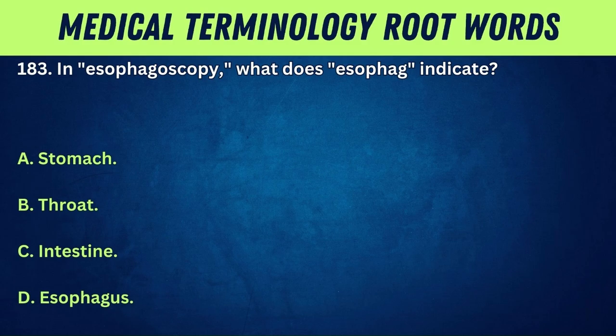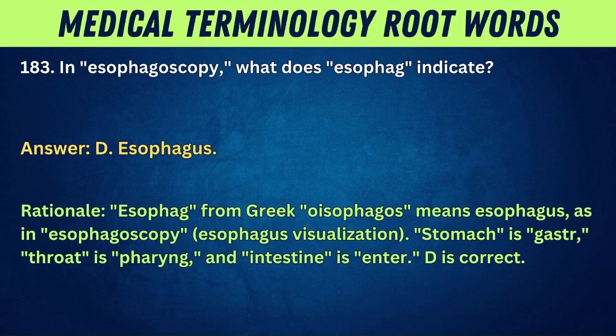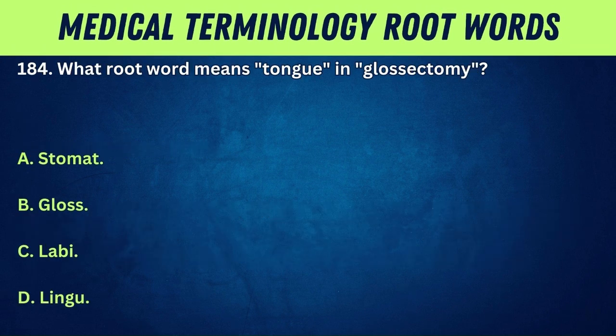D. Esophagus. Answer: D. Esophagus. Rationale: esophag from Greek oesophagos means esophagus, as in esophagoscopy, esophagus visualization. Stomach is gastr, throat is pharynx, and intestine is enter. D is correct.